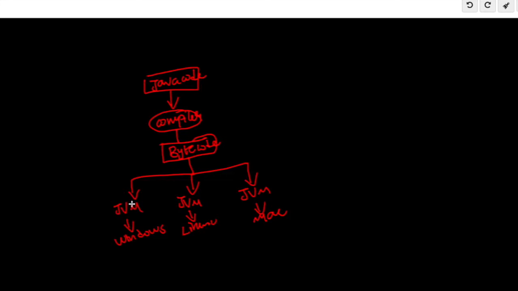For example, if you execute bytecode on Windows, Linux, and Mac, the output should be the same. If you're executing on Windows, you shouldn't get irrelevant output. All these platforms should get the same output. That's why Java is called platform independent.